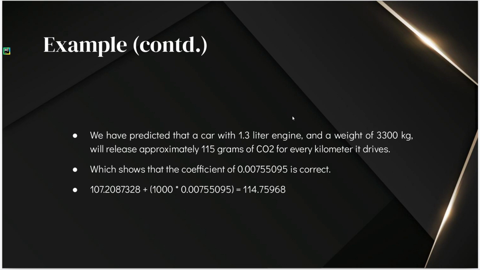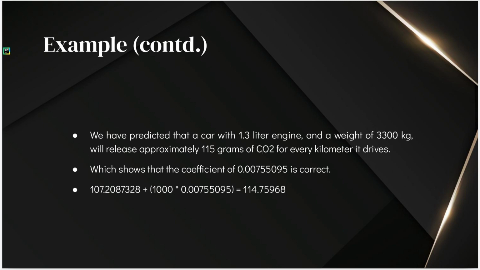We have predicted that a car with a 1.3 liter, or 1300 cubic centimeter, engine and a weight of 3300 kilograms will release 114.7 grams of carbon dioxide for every kilometer that it drives.